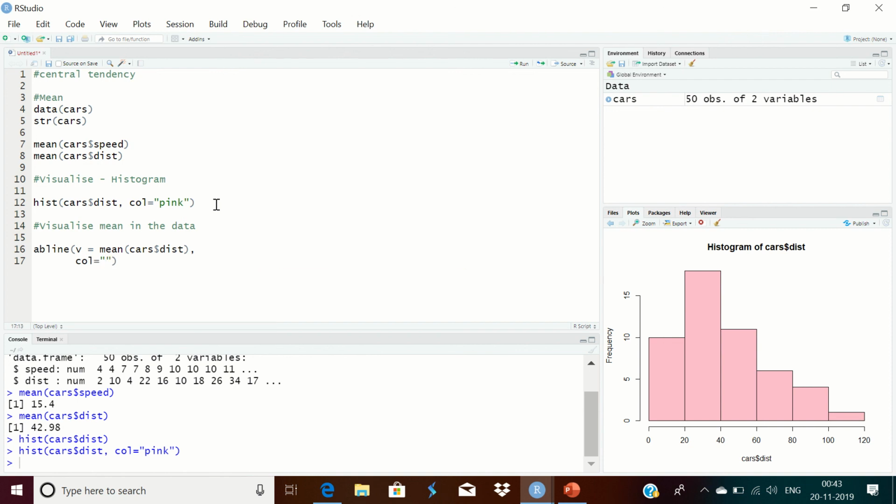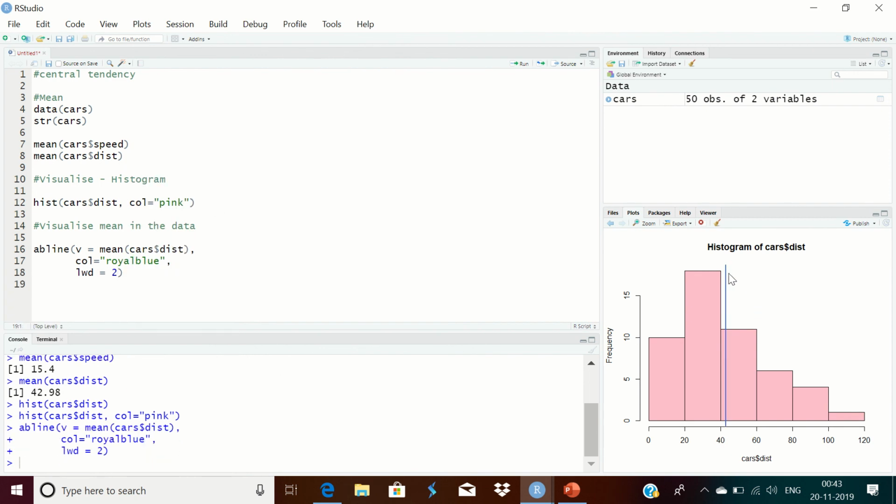I say I want to give it royal blue, right? Then I also give the width of the line that I want. So here it is. You have your blue color, which indicates your mean score of the distance, right? So we had around 42, 43 as a mean distance. So here about it looks the same.